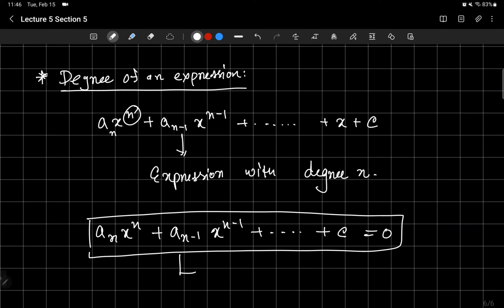This equation will have n roots in general. And by in general, what I mean is that not necessarily all the roots are real numbers. Some of the roots might come off as complex numbers as well. And this statement I just showed you right now is called the fundamental theorem of algebra.